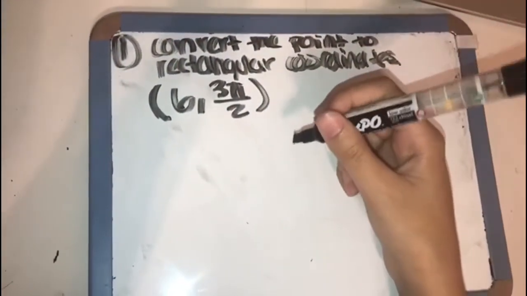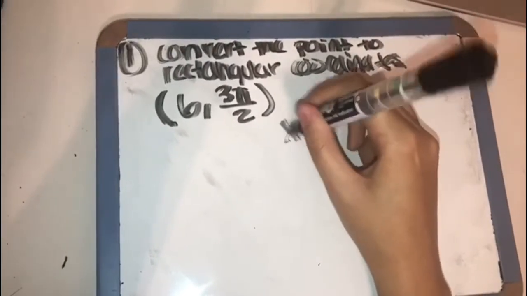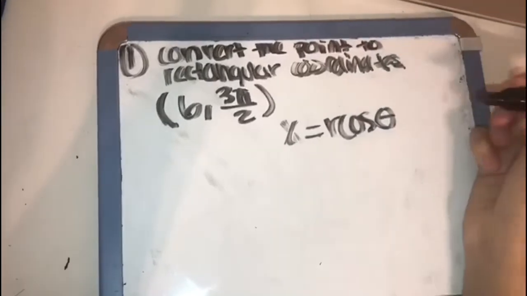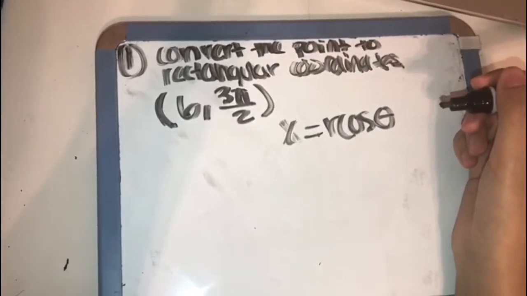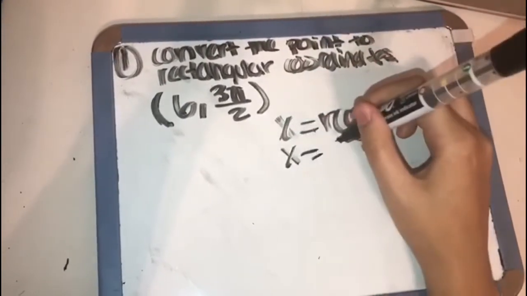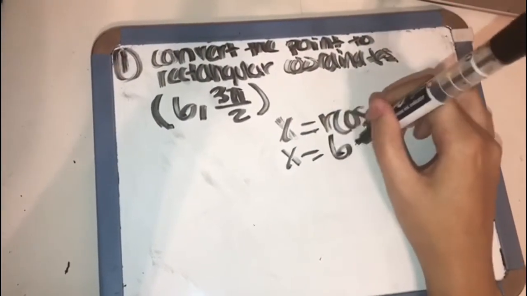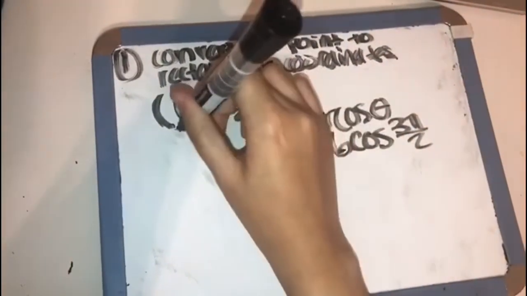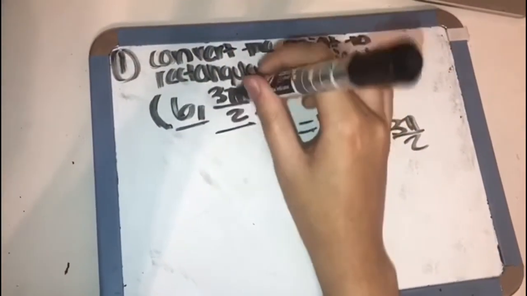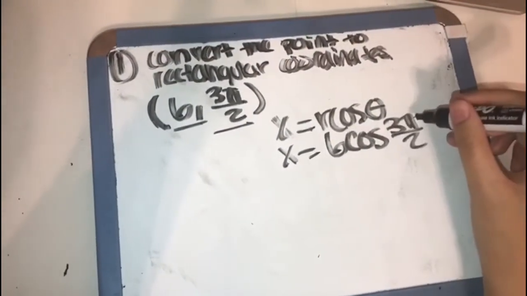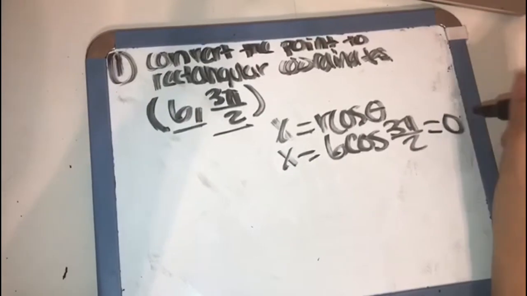If you think about it, x is equal to r cosine theta. So in order to find x, we do x equals 6 cosine 3 pi over 2, because we have 6 as r and 3 pi over 2 as theta. That equals 0.